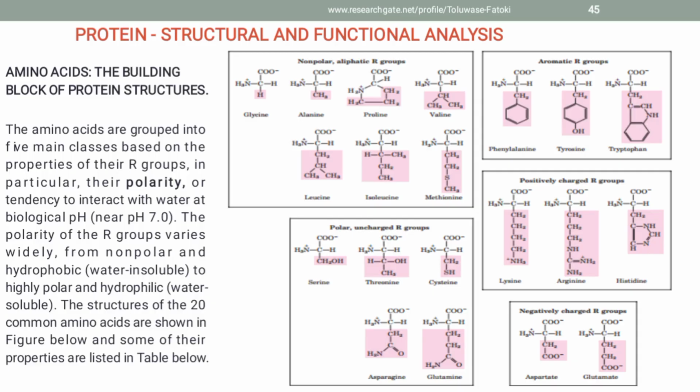Cysteine side group, that is sulfhydryl group, can only be detected or reacted with mercaptoethanol, Ellman's reagent, dithiothreitol, and some other chemicals like that. So you can detect if this particular protein contains sulfhydryl group.